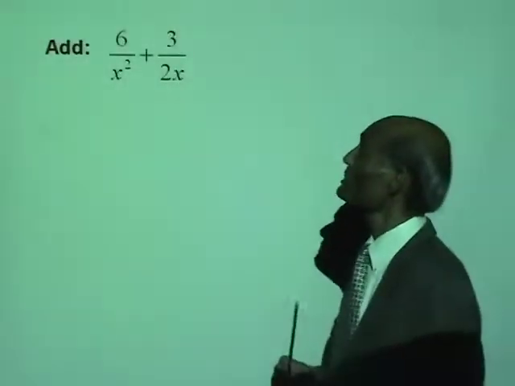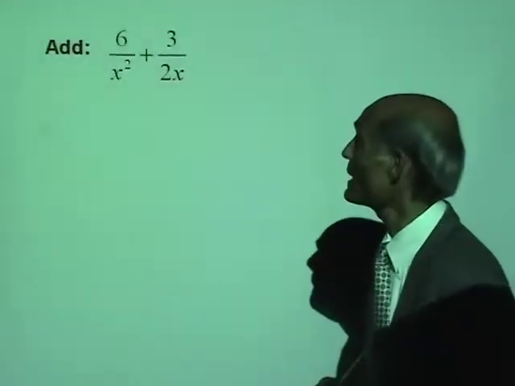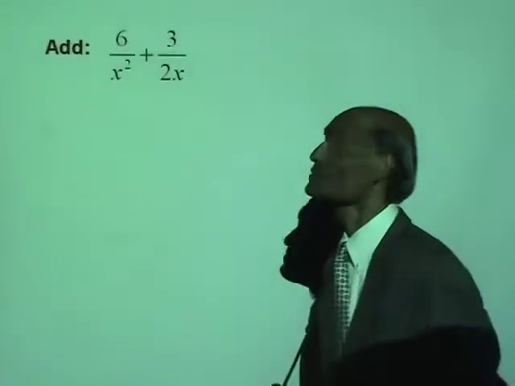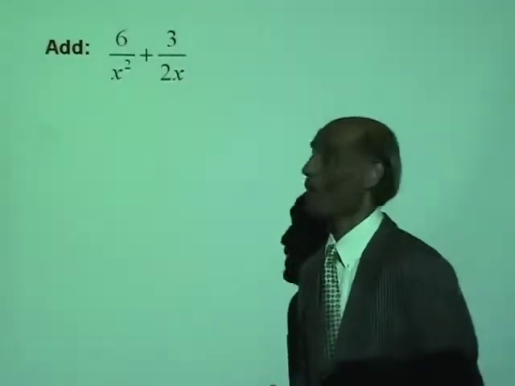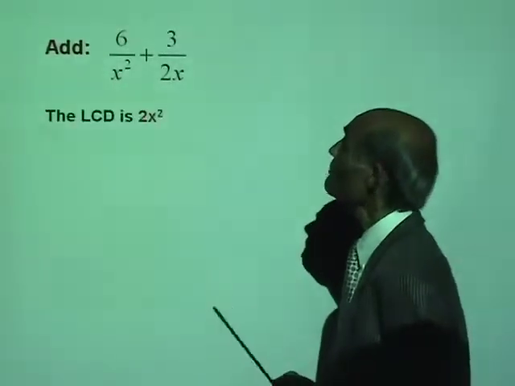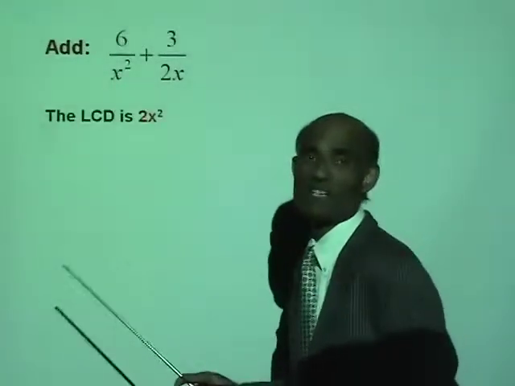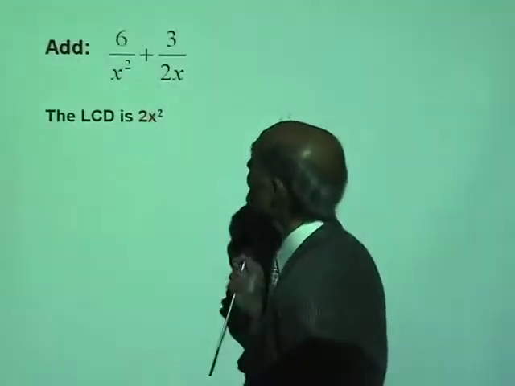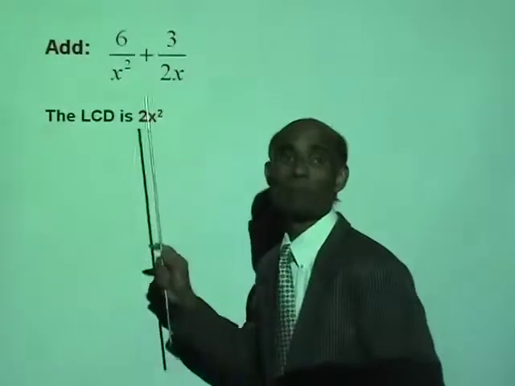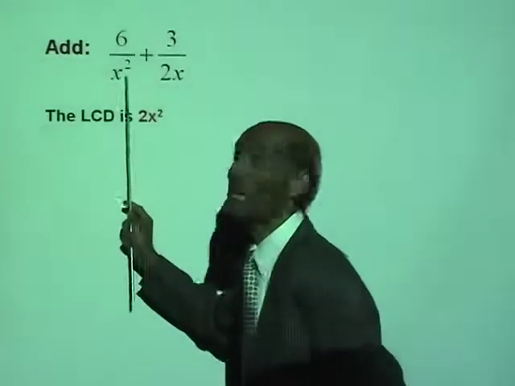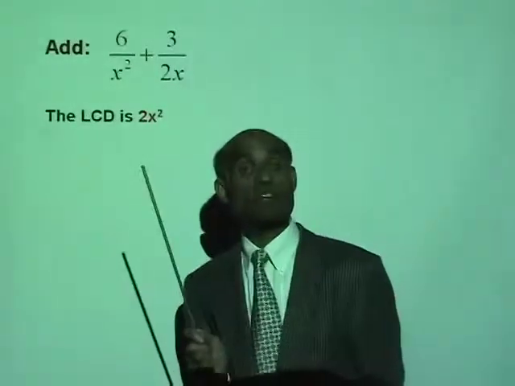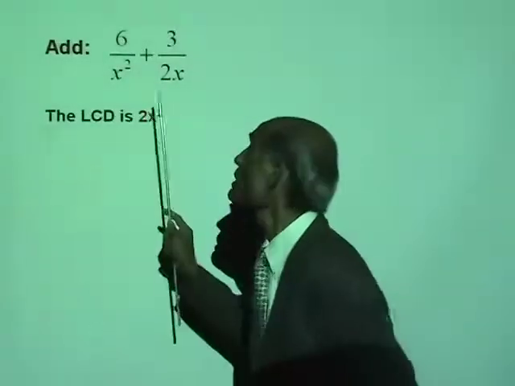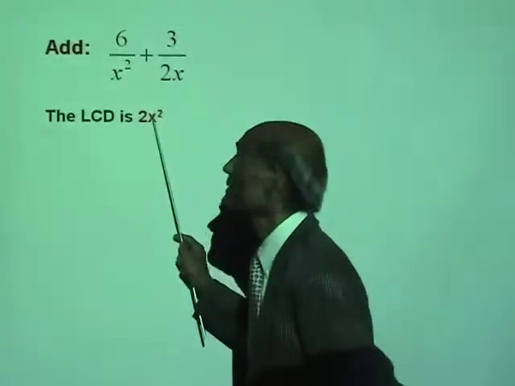And we are going to use this now to add and subtract rational expressions. Okay, let's now do this: 6 over x squared plus 3 over 2x. First of all, we find the LCD. Is it difficult for you to find the LCD of that? The first denominator is x squared, so we pick that x squared.